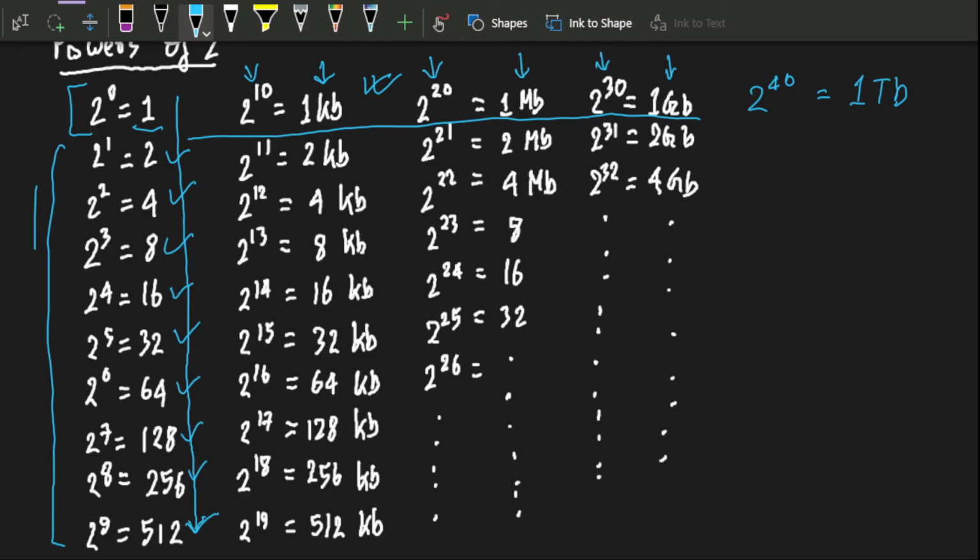So if you're in an exam, or if someone asks you what is 2 to the power 25, you know that it's in the range of the 20s, so it's going to be megabytes. And if you know that 2 to the power 5 is 32, you can easily say that it's 32 megabytes of space.